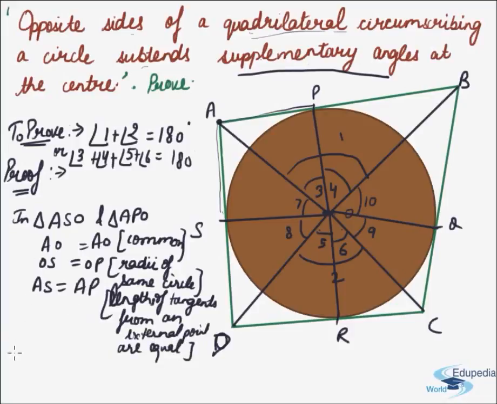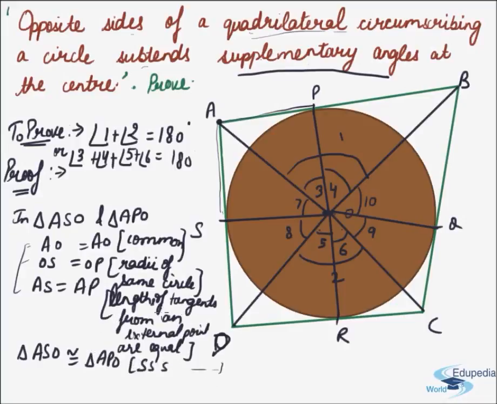Thus we can say that 3 sides are equal, or the triangles are congruent by SSS congruency criteria.